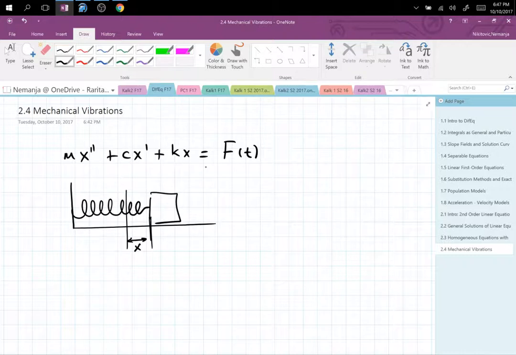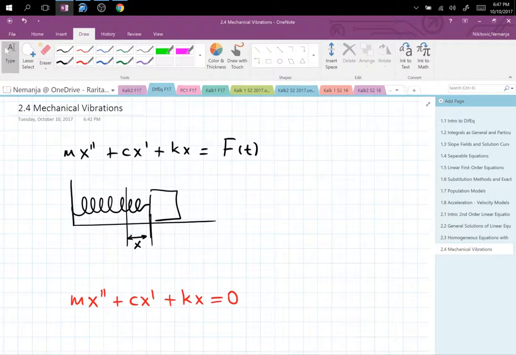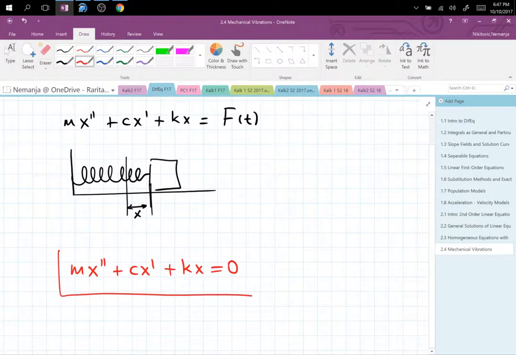Now, what we are considering in this first step is just the homogeneous case. So we're not looking at the forced equation. We are actually looking at the equation m x double prime plus c x prime plus k x equal to 0. That's the homogeneous case that we want to consider. We have the good old m, the mass of the object, in kilograms.